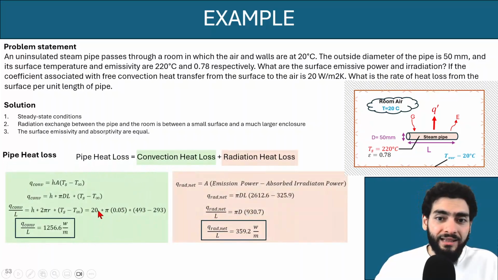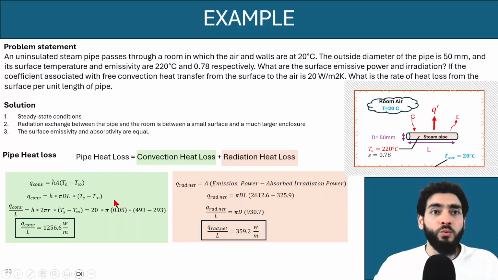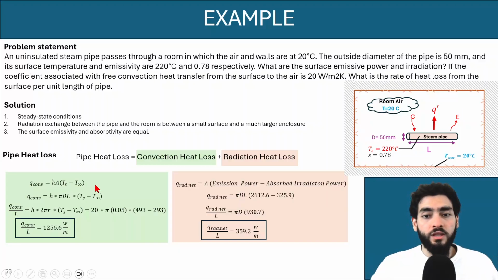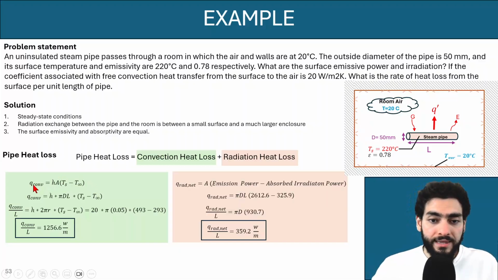So if you want to calculate what the convection heat loss is, we look at Newton's law of cooling, which is something I've explained also in the previous video. So you can look at that.